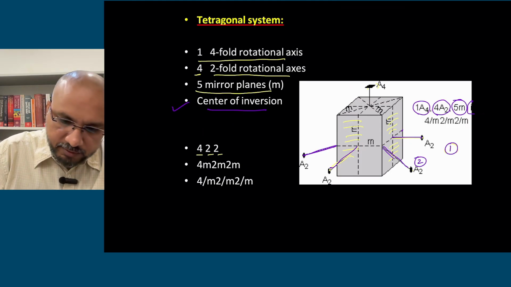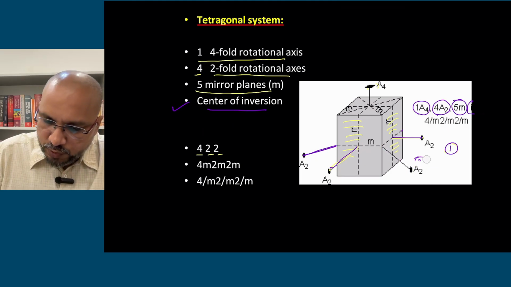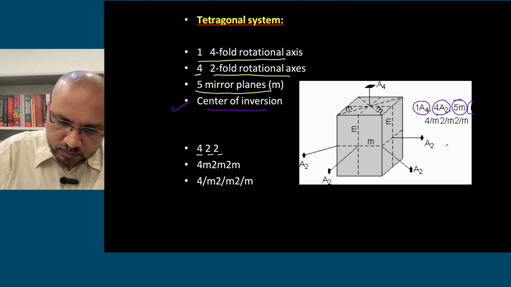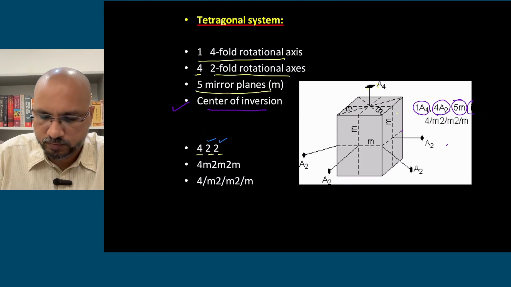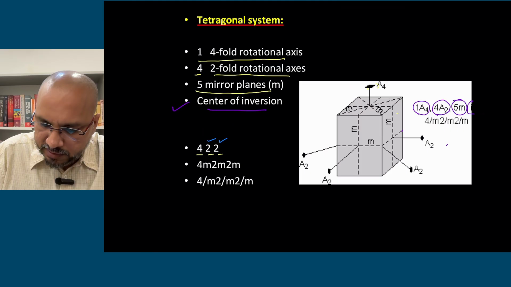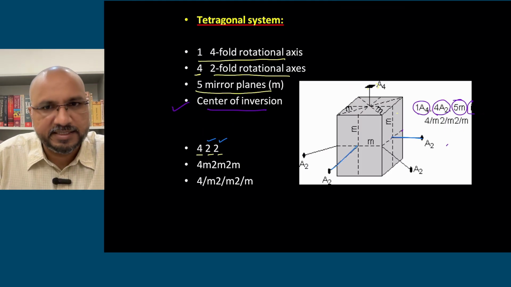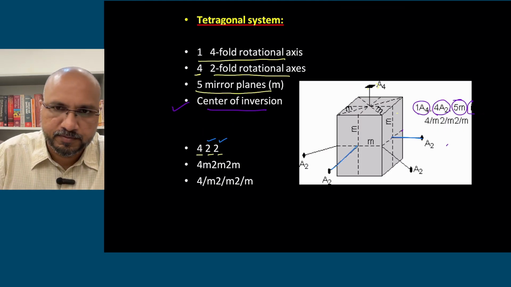So there are four two-fold rotation axes in total, but if you say unique, there are only two two-fold rotation axes that are unique. Total four are there, but unique, because this one and this one are going through the center of the same face, so unique is only one.